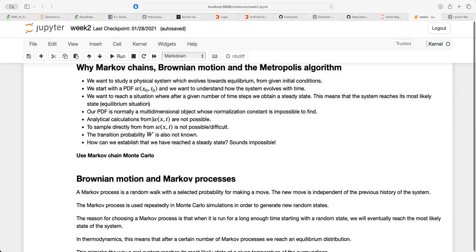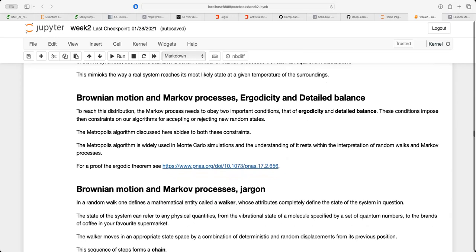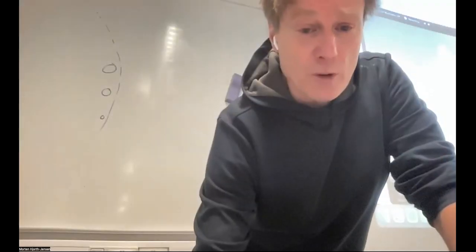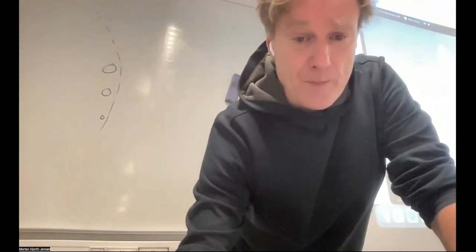And the probability of the system is our trial wave function squared. That's the model which we make for the probability distribution. So a Markov chain is something which is then based on, and then I'm going to bring up the whiteboard. So let's do that, so we can slow down the pace a little bit.